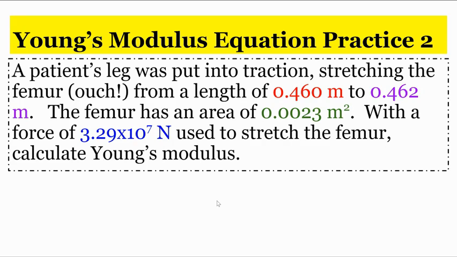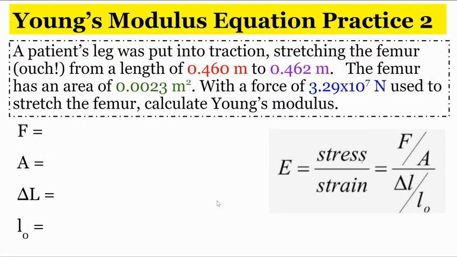We're going to start by identifying our givens, and we can see we're going to need to use the more extensive Young's modulus equation, force divided by area over delta L divided by original length. We know that the force is 3.29 times 10 to the 7 newtons.